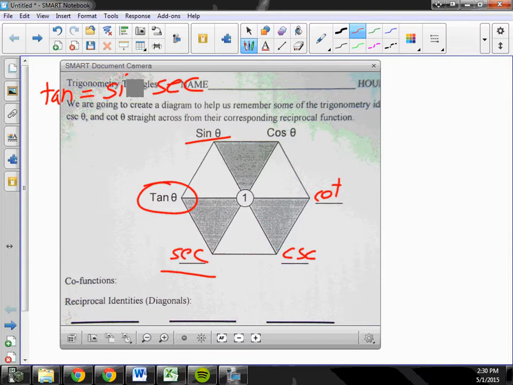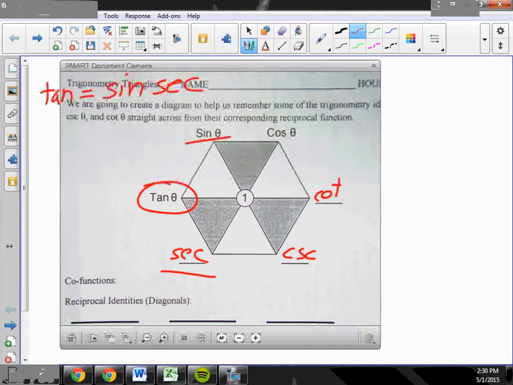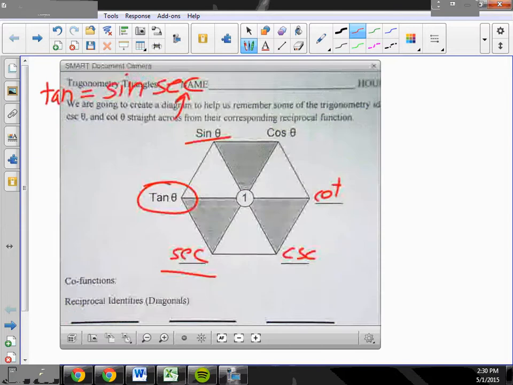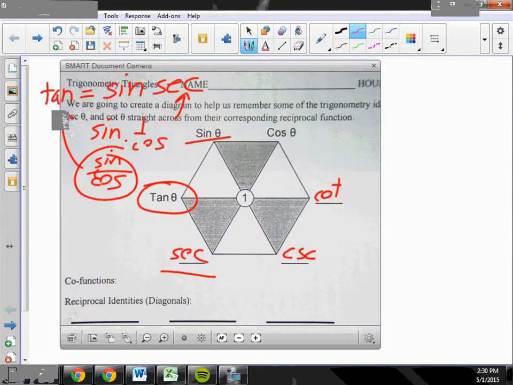So write that down, and then you'll notice the last question says, prove it. It's easy. How do you prove that sine times secant is tangent? So we could turn this into 1 over cosine. So sine times 1 over cosine is sine over cosine, and that is tangent. So we're done.